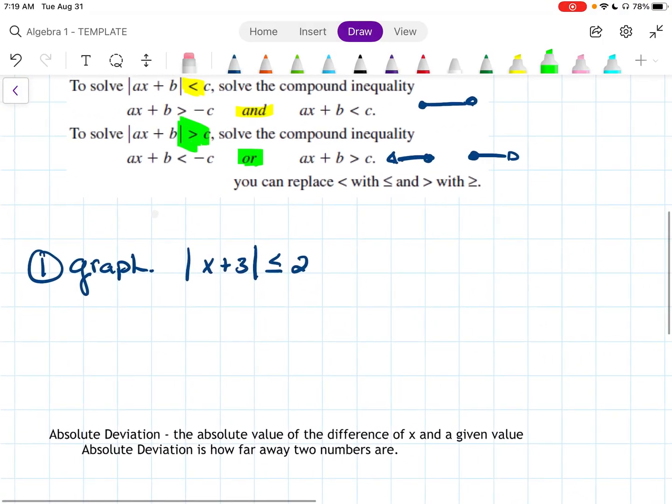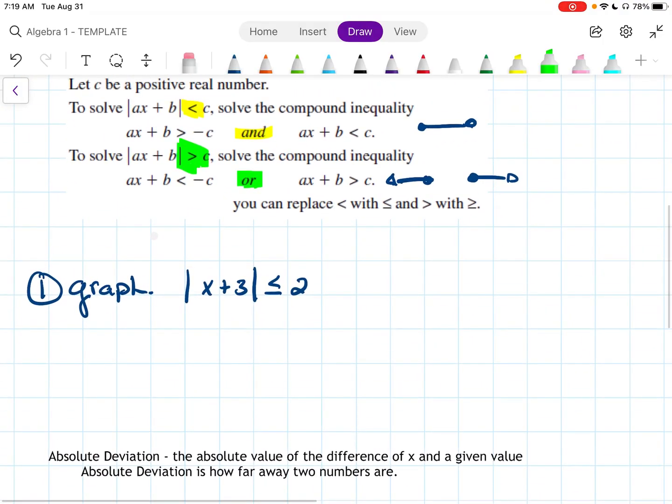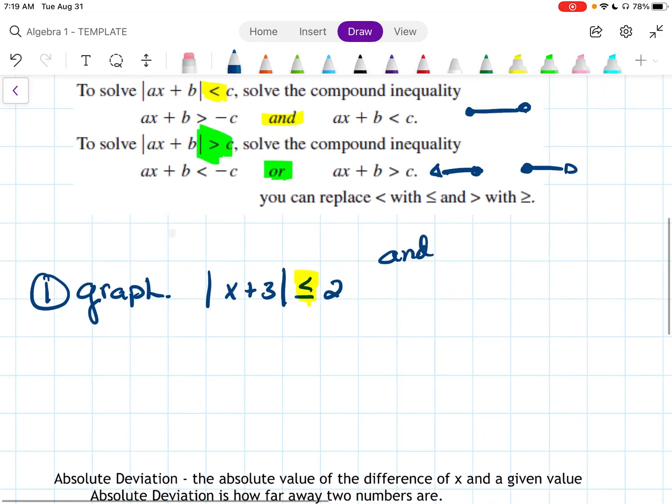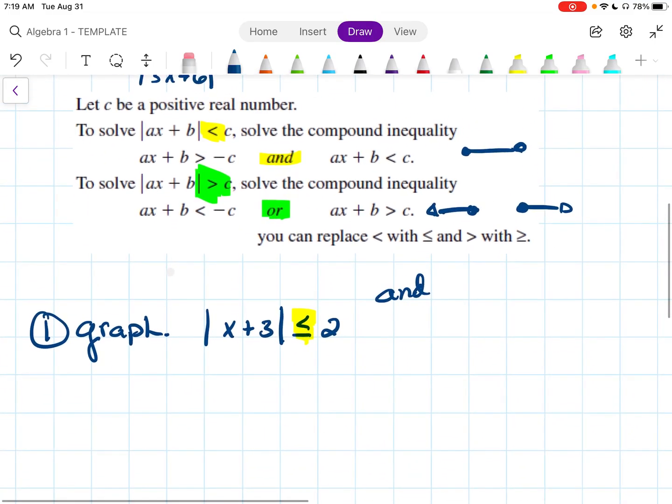So let's start off with this one here. It's less than, so it's going to be using and, right? We can do this a few different ways. Let me show you the first way that would be following the directions that they have here.